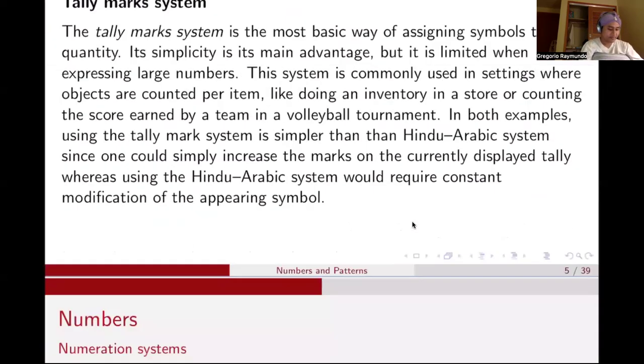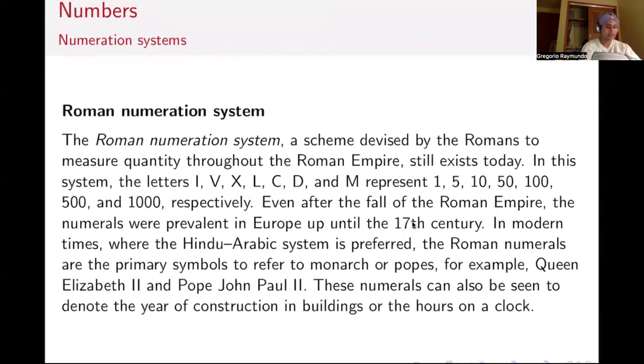Okay? Next, the Roman numeration system. The Roman numeration system, a scheme devised by the Romans to measure quantity throughout the Roman Empire, still exists today. In this system, letters I, V, X, L, C, D, and M represent 1, 5, 10, 50, 100, 500, and 1000 respectively.